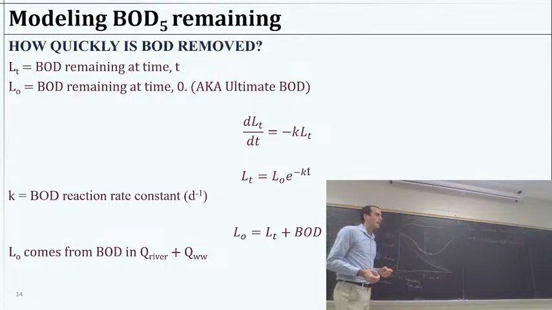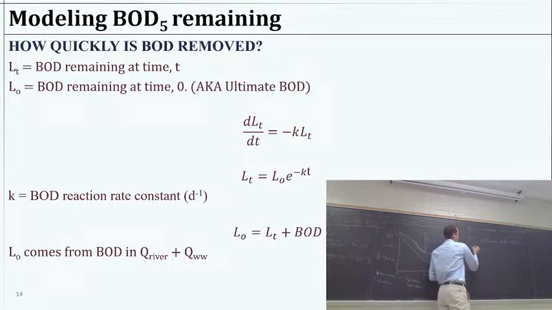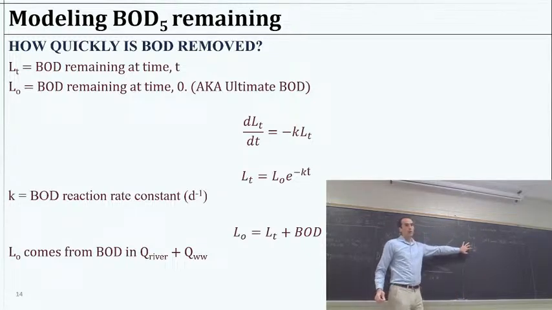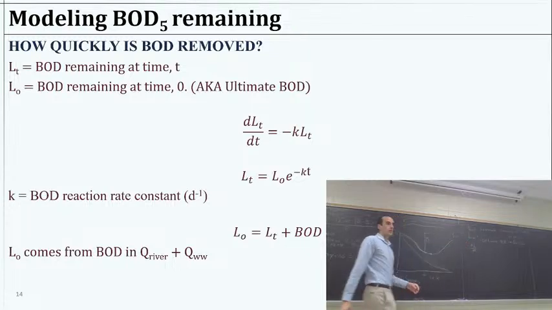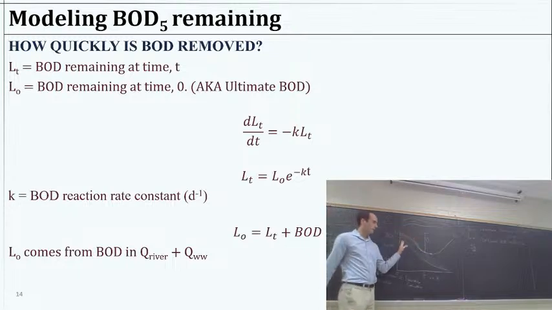Okay, so then we can relate each of these. We can make a rate expression for how this amount changes with time. And really, again, this is the amount of substrate in our river that's causing the deoxygenation, right? So to map that, we need to understand the dL/dt.